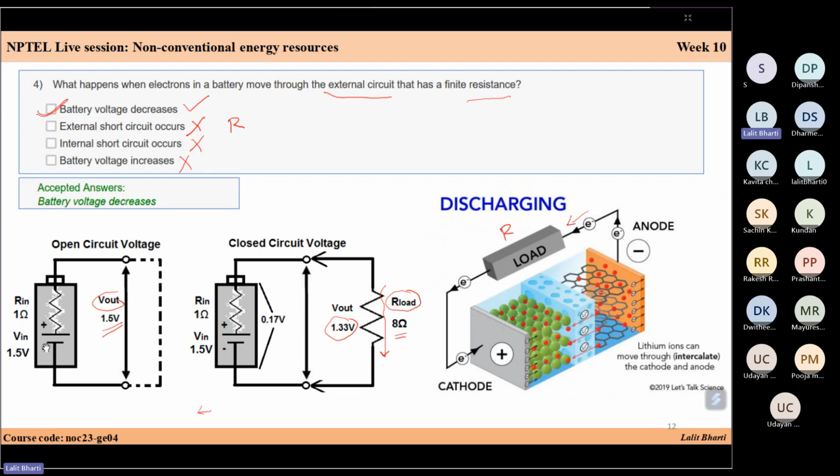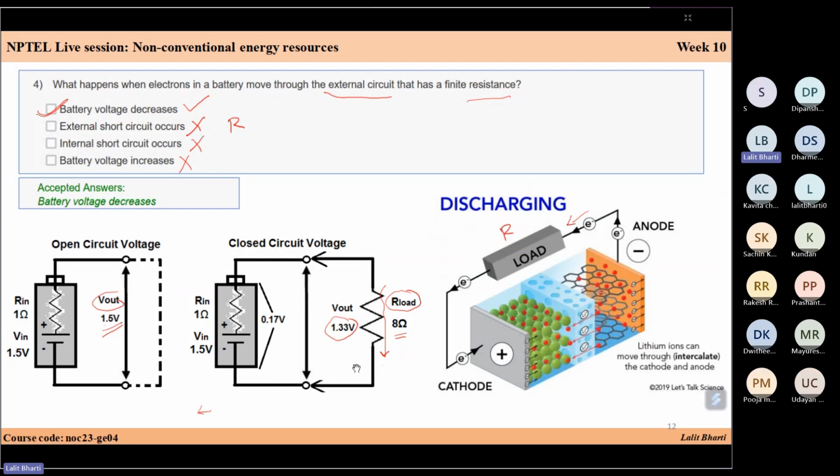Let's take this example: you have some internal resistance and your voltage is 1.5, so you will get V out equal to 1.5 for the open circuit voltage condition. But if you have some load, then your voltage will decrease from your OCV, and depending on the resistance value, you will get your V out.